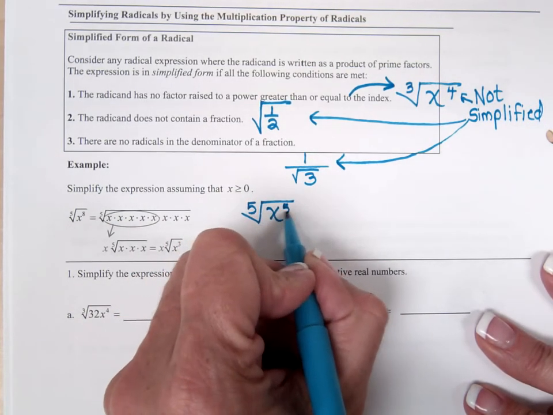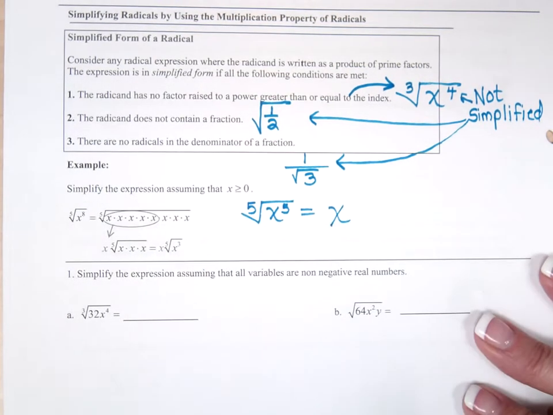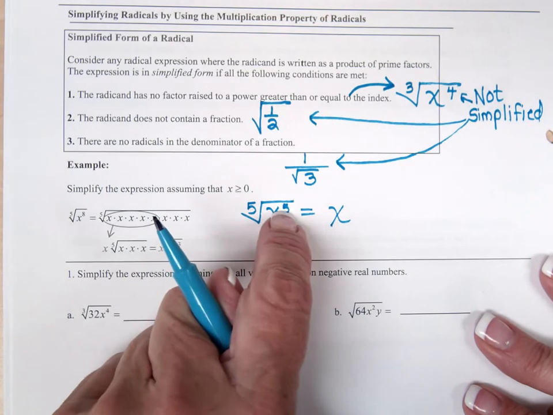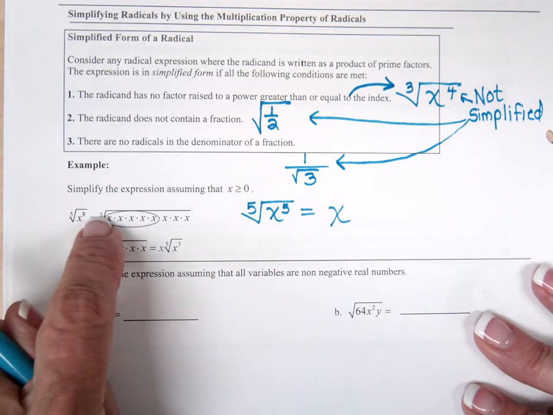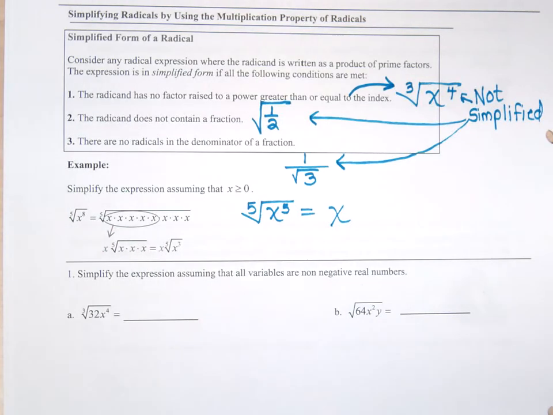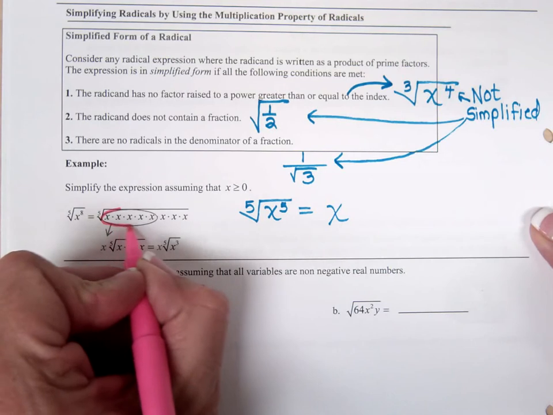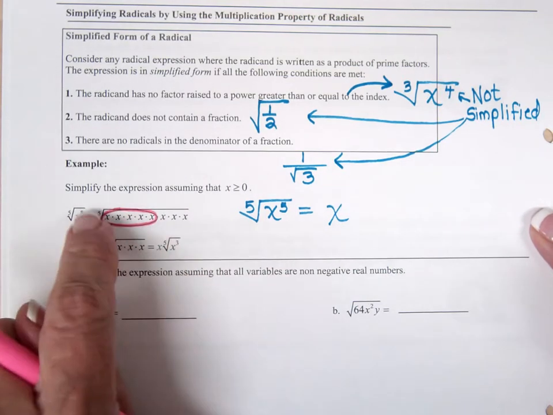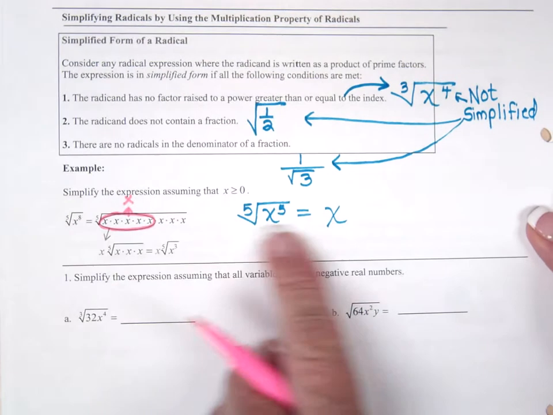Remember how we learned that x to the 5th, 5th root, is just x? We learned to do 5 divided by 5 and get 1. So what we're looking for is groups of 5, because the index is 5, and every group of 5 will come out as a single.